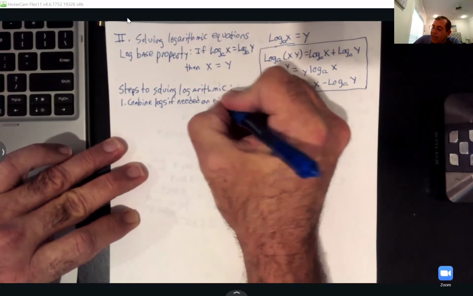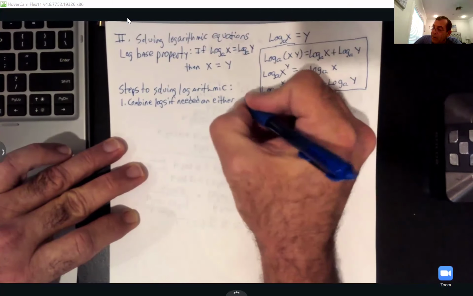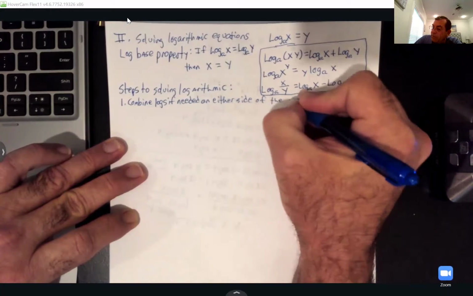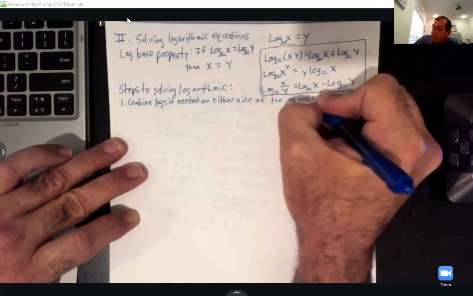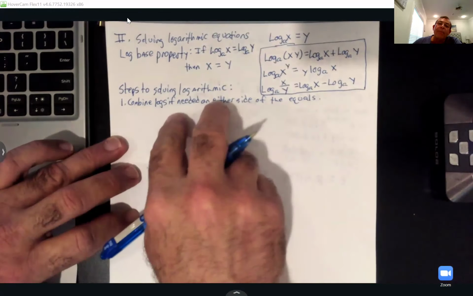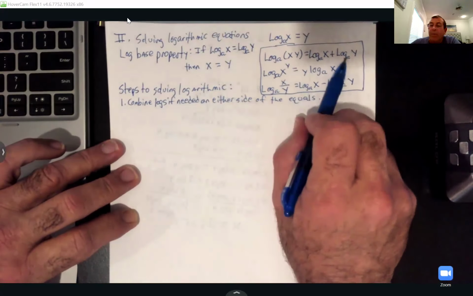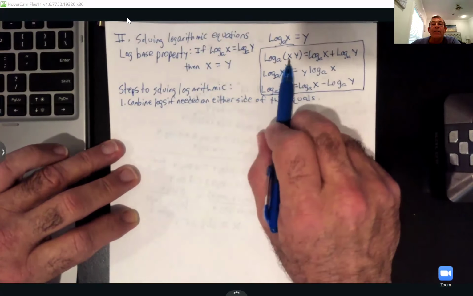They have to be on the same side. If they are, then if they're being added, I'll rewrite them as a single product. If they're being subtracted, I'll rewrite them as a single quotient, okay?